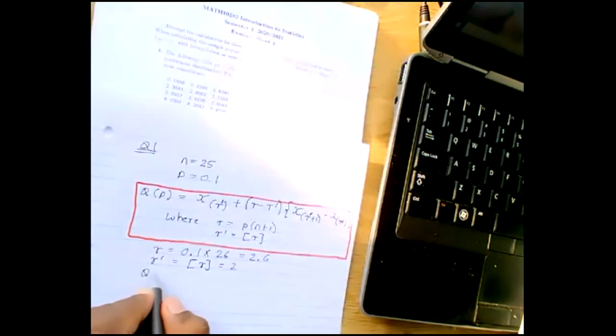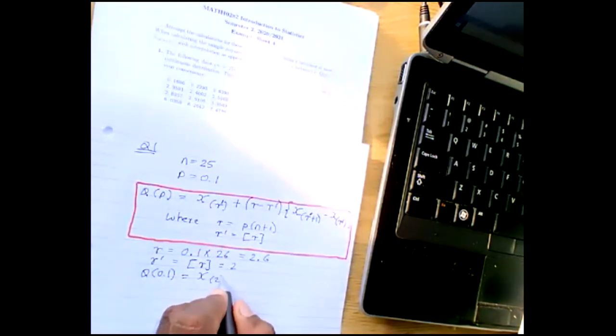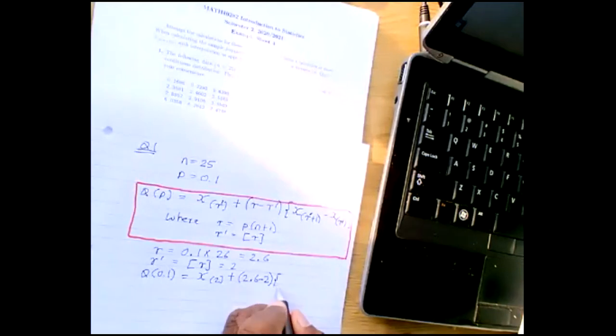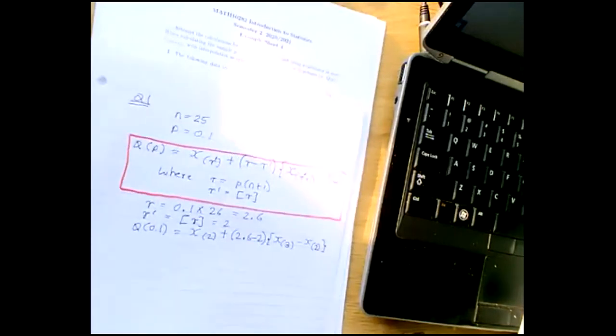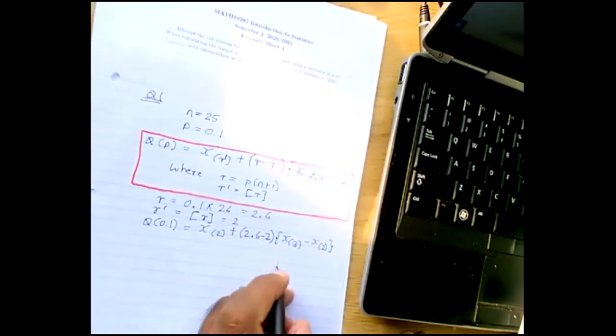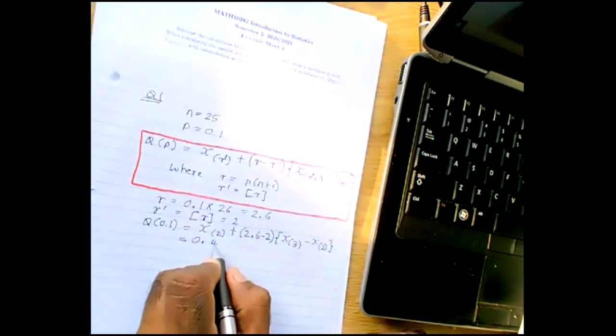So your q at 0.1, according to this formula, will be this, and if you work this out, guys, this will be 0.475.